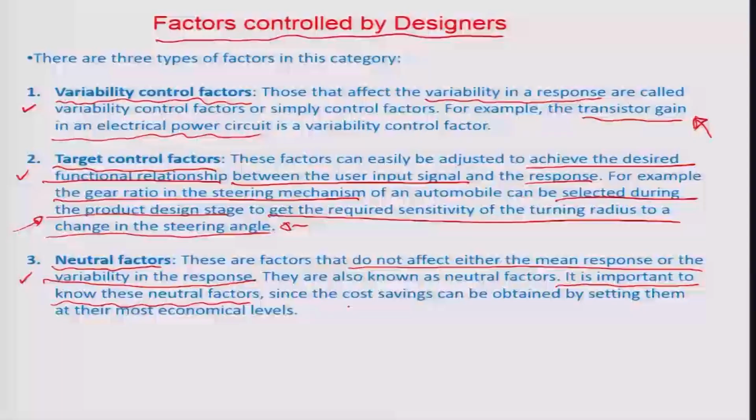So you can say that typically neutral factors are to be identified for cost saving aspects related to the overall design. Okay. So you can set them at their most economical levels.